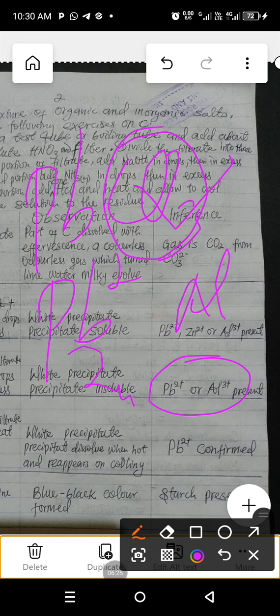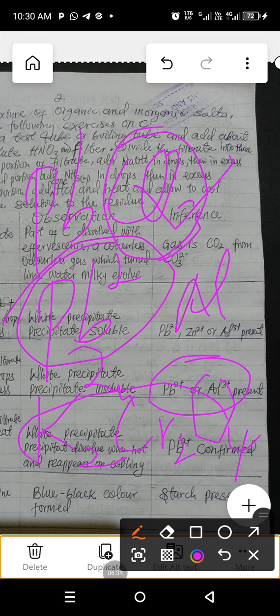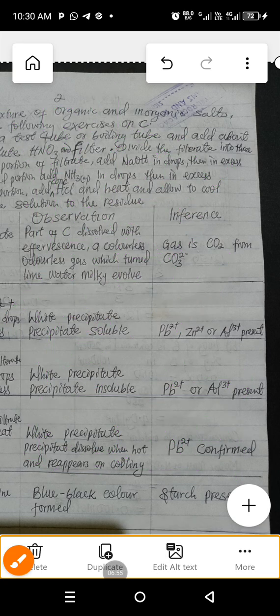Then to identify lead ion, we are supposed to be given potassium dichromate, but this was not given. So since it was not given, another way to identify is by asking you to heat and then allow to cool. Because when you heat a salt containing lead, it's going to dissolve when it becomes hot, and then on cooling, the precipitate will reappear.